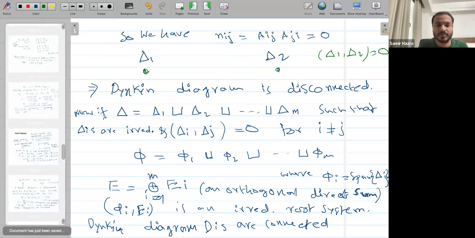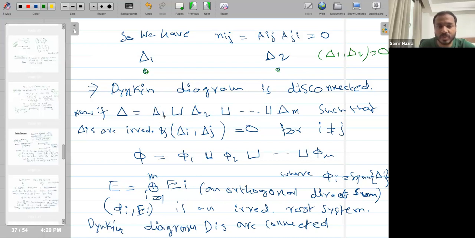Okay. So now if we completely reduce the root system, the base. So basically this is the base for the root system. And we completely reduce it, which means we write it as a disjoint orthogonal union of m number of subcollections. And suppose that all these are irreducible. So basically we cannot decompose them into two more subcollections.